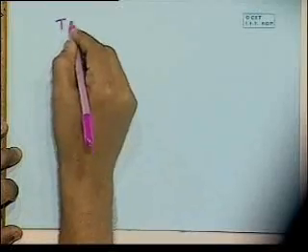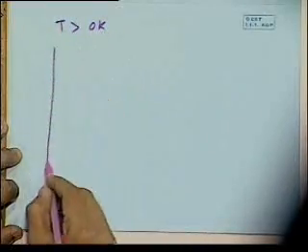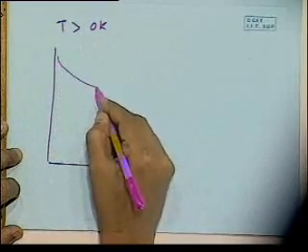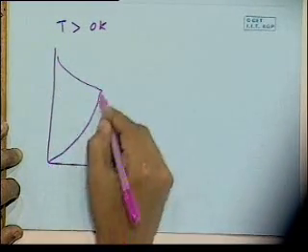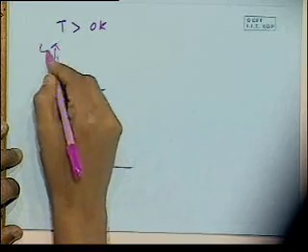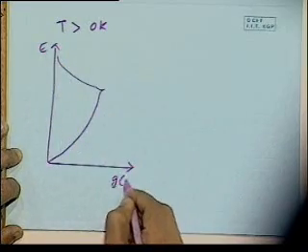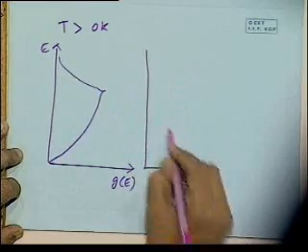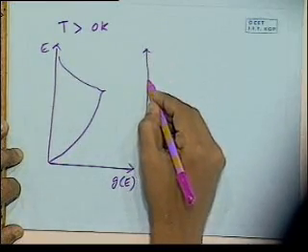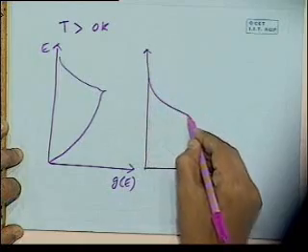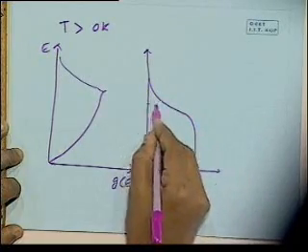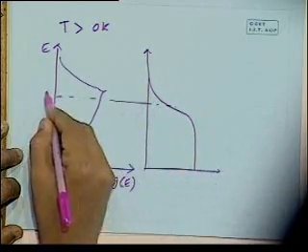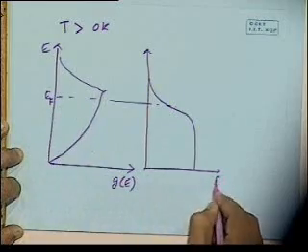At any temperature T greater than 0 K, we know this distribution of states looks something like this. That's my distribution of states, density of states. Correspondingly, I know that my Fermi level at some temperature is going to look like this. The Fermi function.